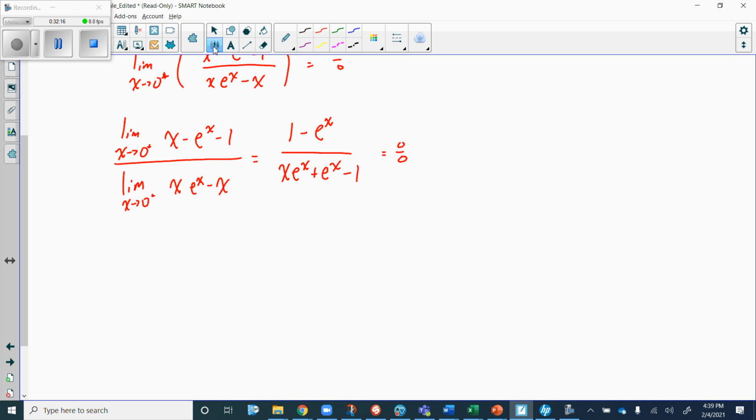And the derivative of the numerator, in this case, would just be negative e to the x power. The derivative of the denominator is going to work out to be x times e to the x power plus e to the x power plus e to the x power again.